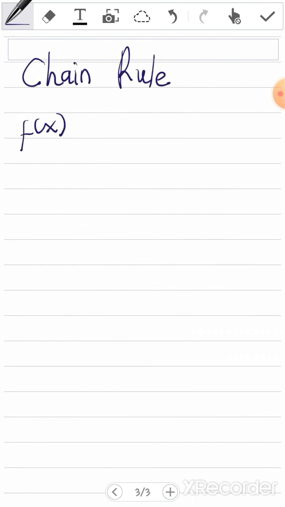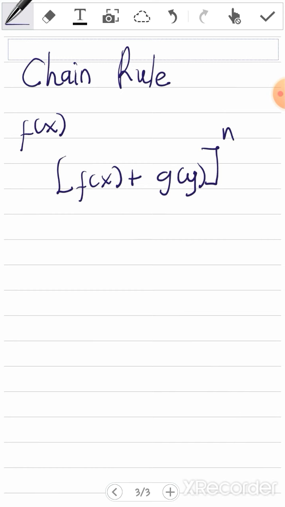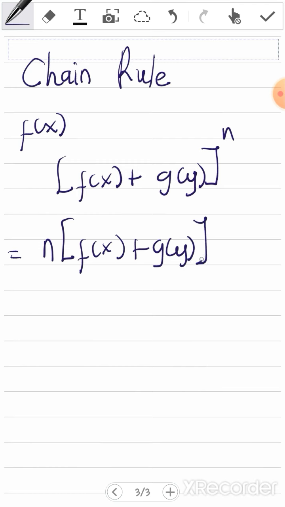Now, for a function of x in this form: f of x plus any number or another function, let's say g of y, then everything to a power n.